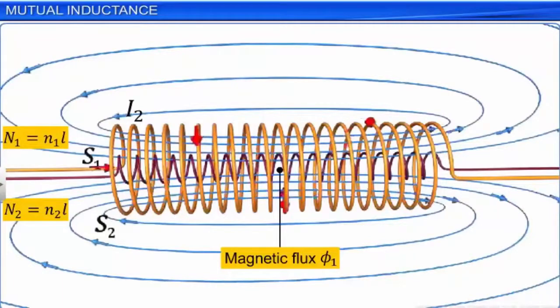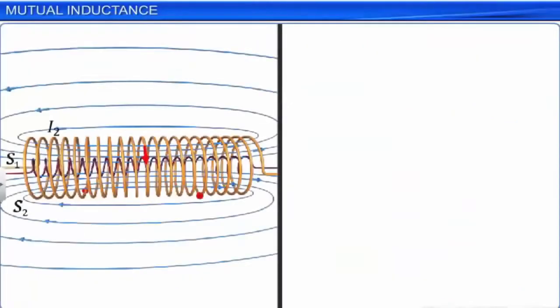Let this be the flux per turn of the coil. Then, the total flux linkage with solenoid S1 is N1 phi1 equal to M12 I2. Let this be equation 1.